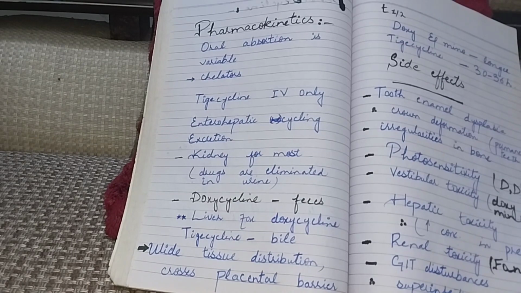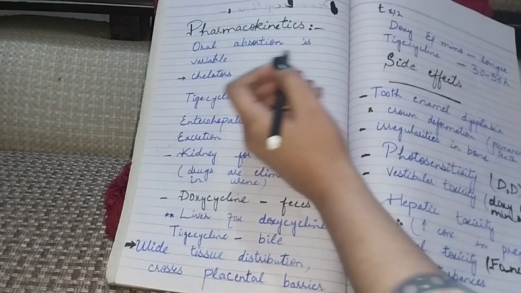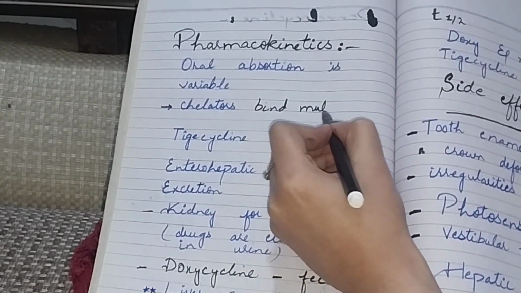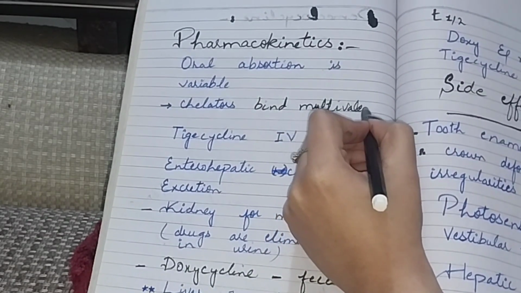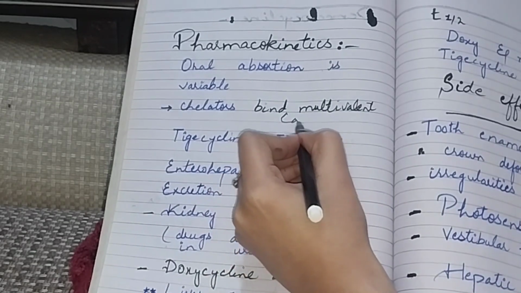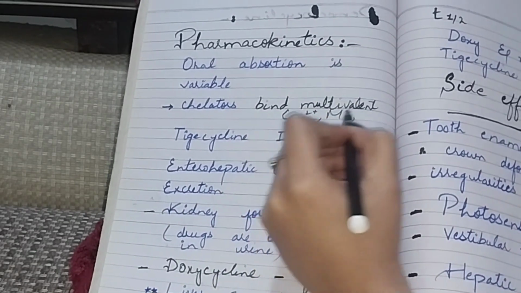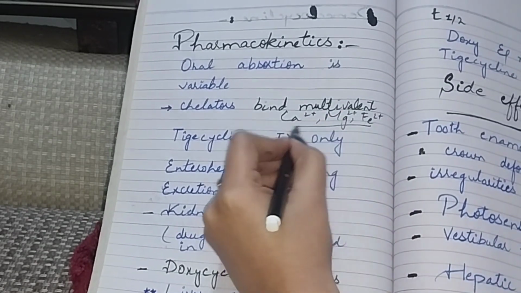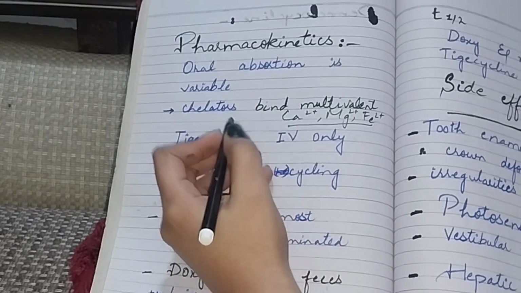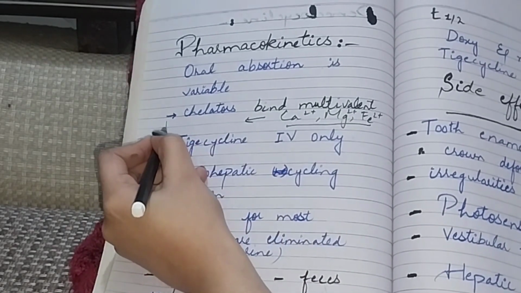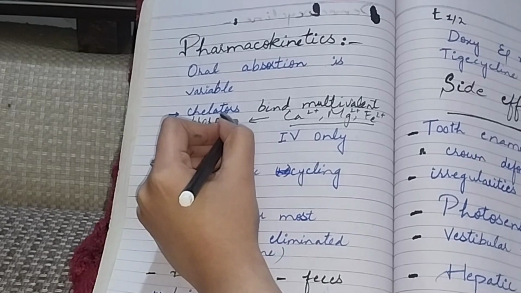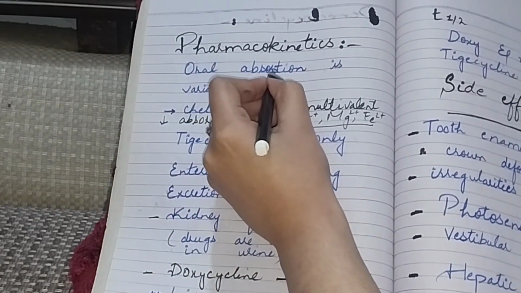Absorption of tetracyclines may be impaired by food because tetracyclines bind with multivalent cations like calcium and magnesium, and these multivalent cations can decrease the absorption of tetracyclines.